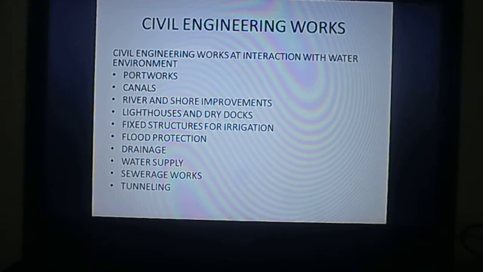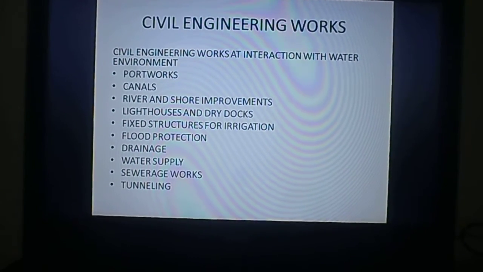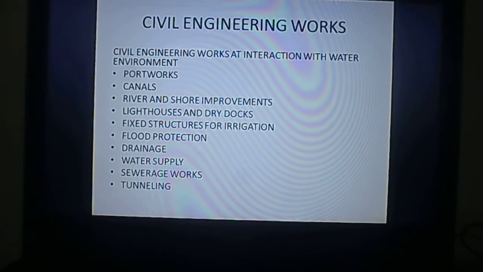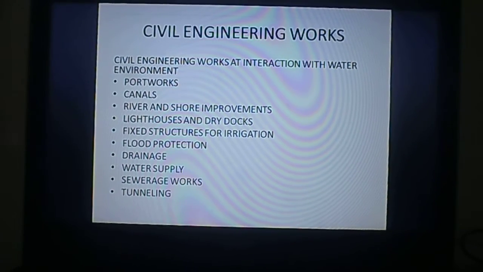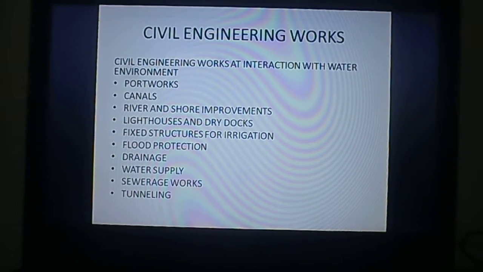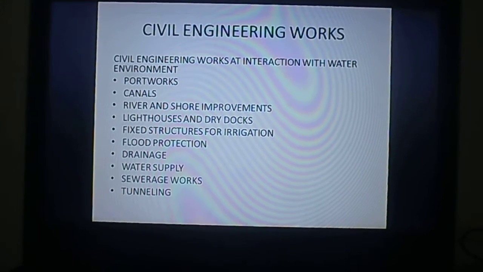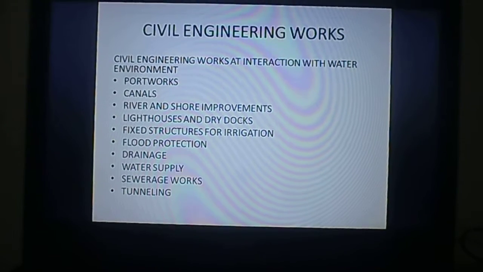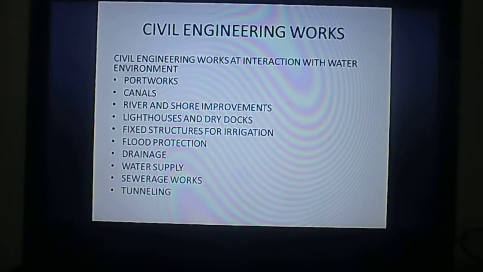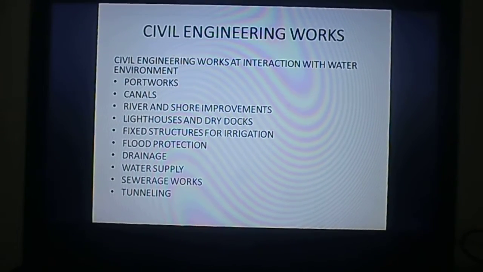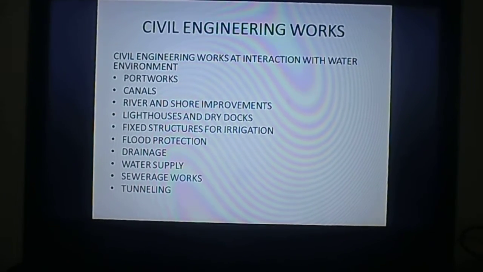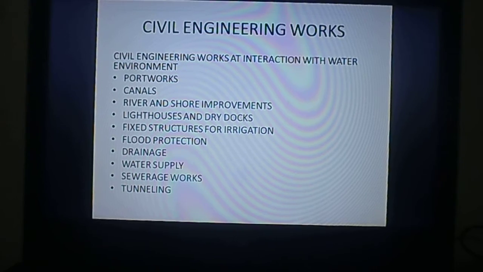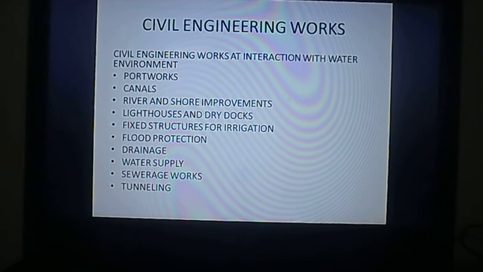There are civil engineering works which are at interaction with water environment. These include port works, canals, river and shore improvements, lighthouses and dry docks, fixed structures for irrigation, flood protection, drainage, water supply, sewerage works, and tunneling.